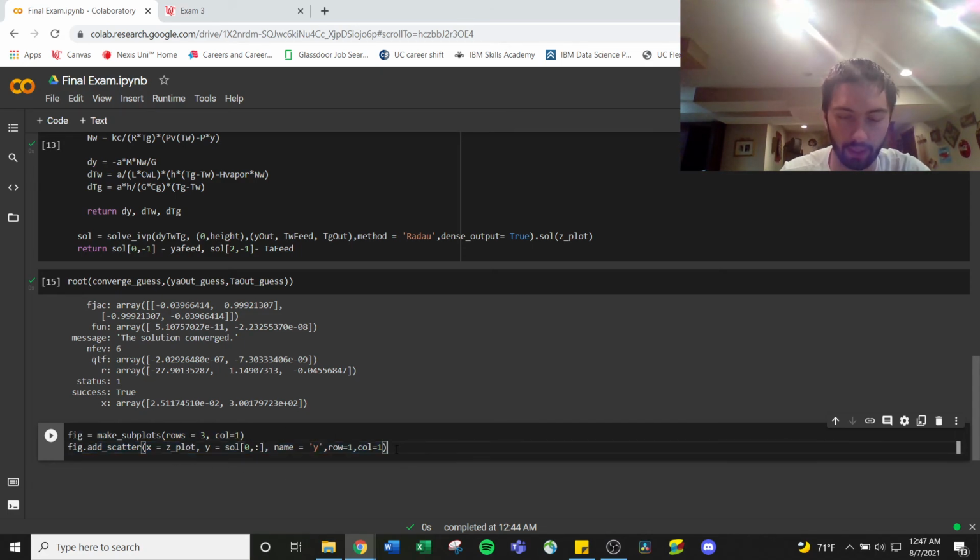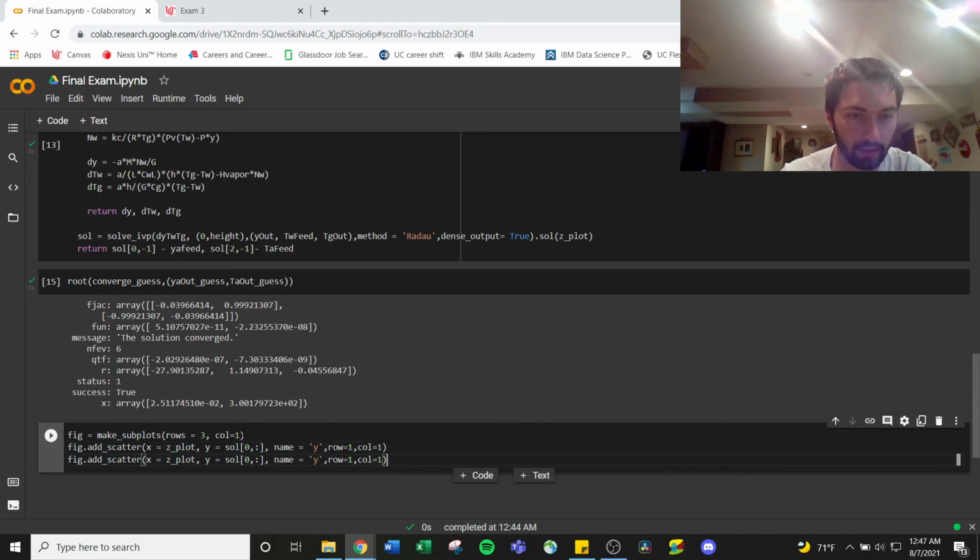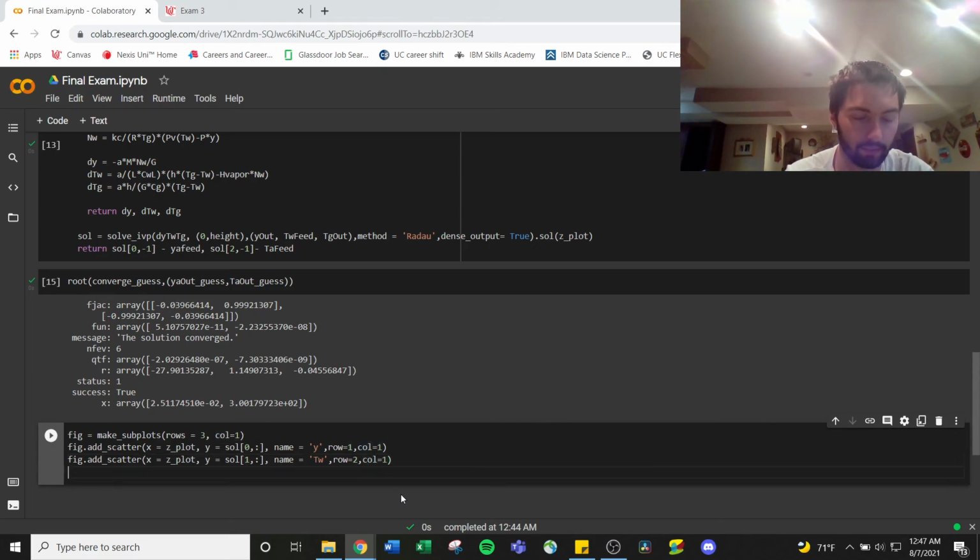So we'll copy that, paste it on this one. This time we want the second element in the sol array, and that second element, remember we kept it as TW. Well, since we had 3 rows and 1 column, we'll make this row 2, column 1 still. Then we want to do the same thing, but for the temperature of the gas. So it's going to be TG, row 3, column 1.